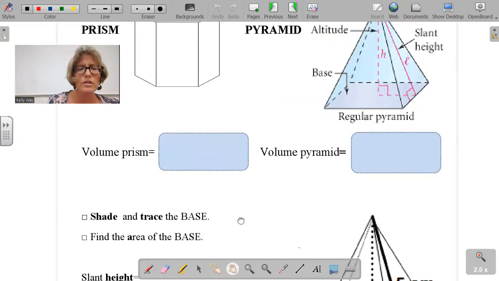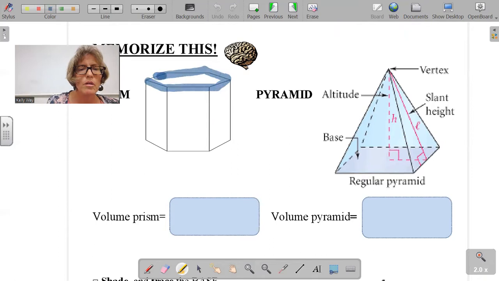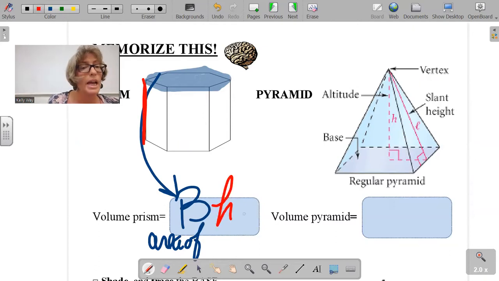So to reiterate, in a prism, you find the area of a base. Remember, capital B means area of base, times height. That's how you do volume of a prism.